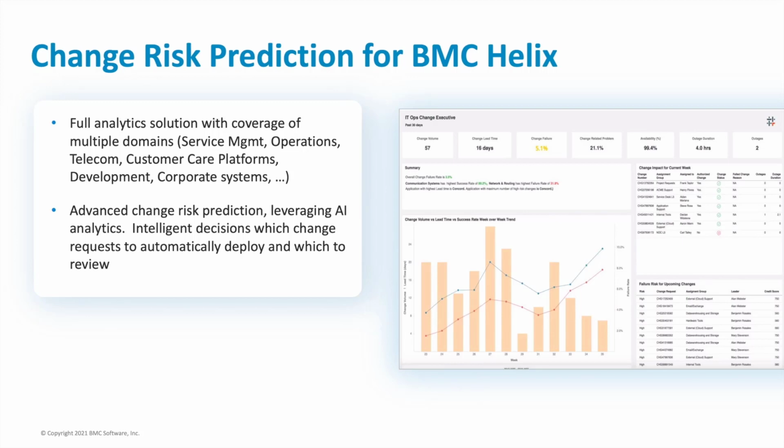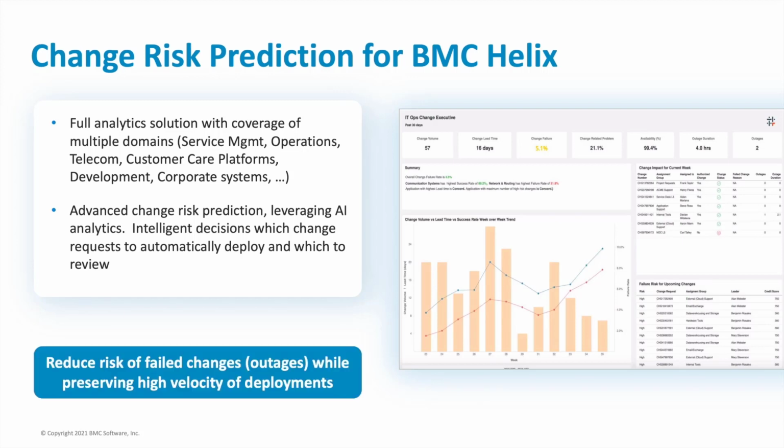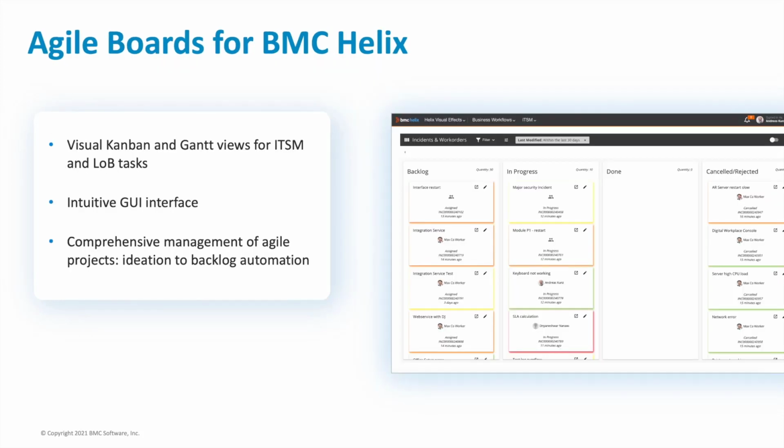This is done in collaboration with our partner Digital.ai, which has advanced capabilities in this area, thus reducing the risk of failed changes and preserving a high speed of change rollout, because you can more intelligently decide which changes can pass through without approval and which have to be looked at.